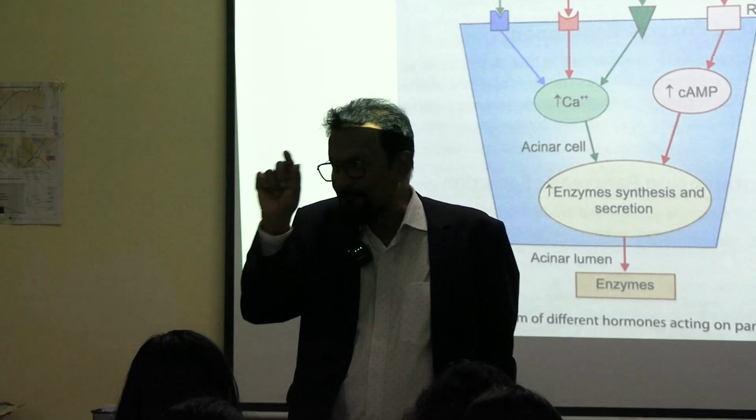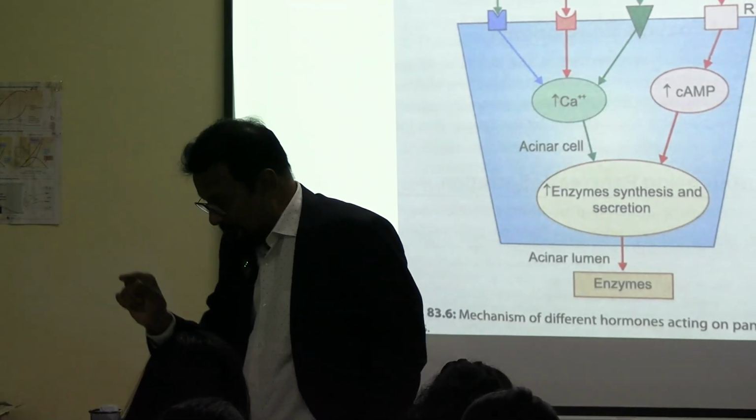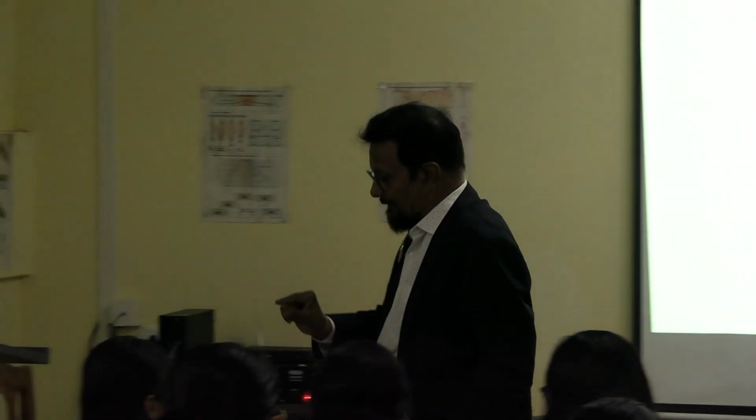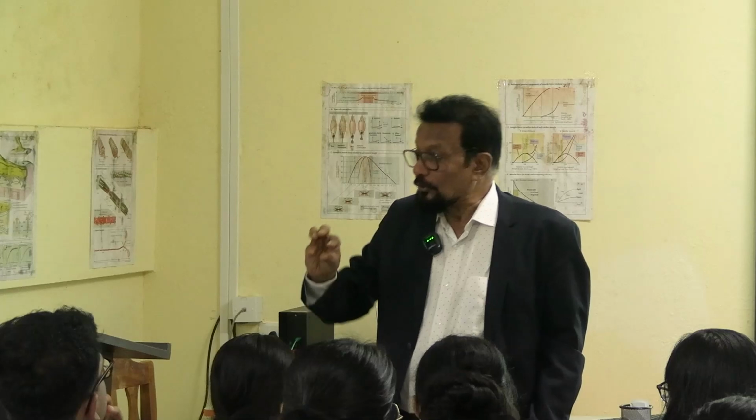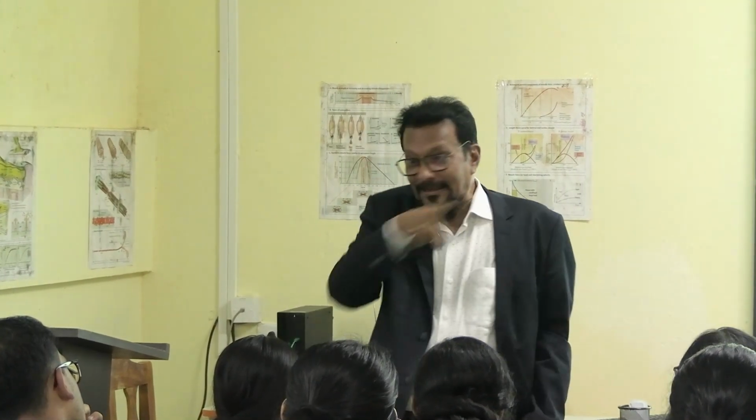Now the vagus nerve, as the 10th cranial nerve, will travel and come to a ganglion, and that ganglion is located in the pancreas. It will end in the ganglion.